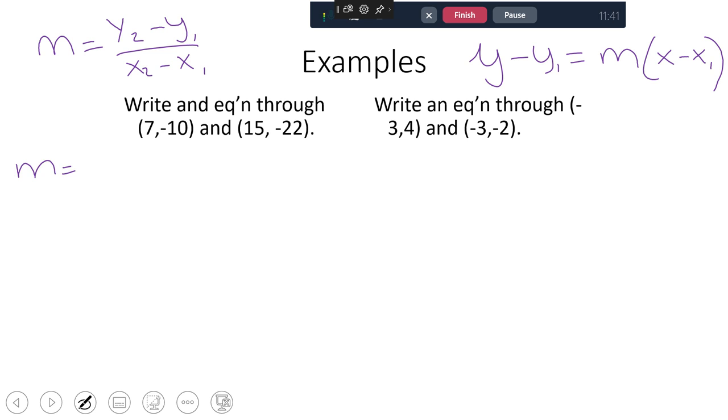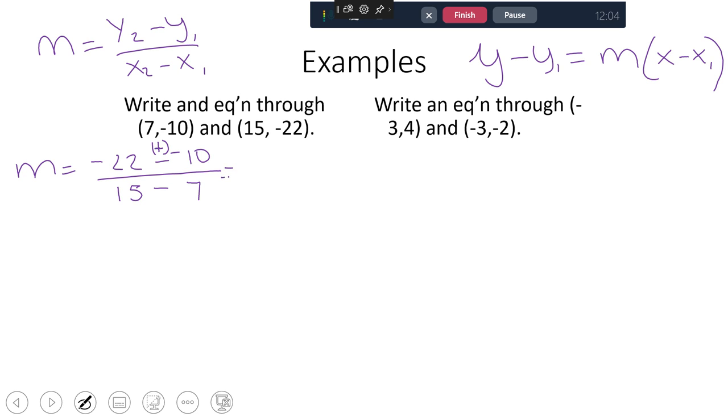So what is y2? Negative 22. And the x that goes with it. Okay, and my first y. And the x that goes with it. 7. This negative will become addition.